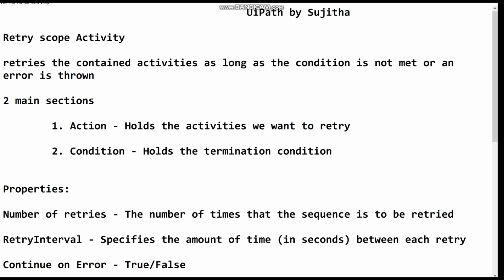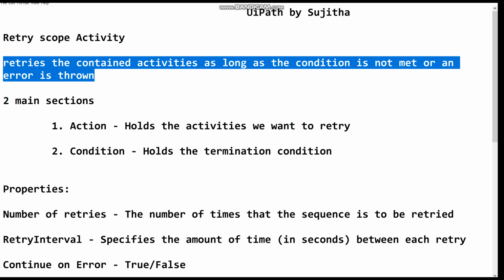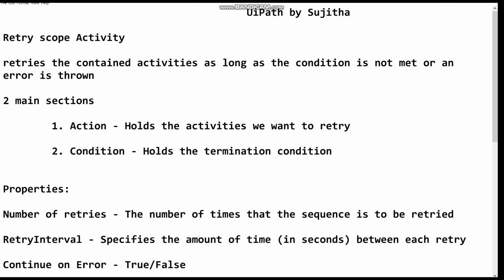So let us go back to our definition. What we said, as long as the condition is not met or an error is thrown, in these two, until this meets, it keeps on retrying the activities. So this being tested now.